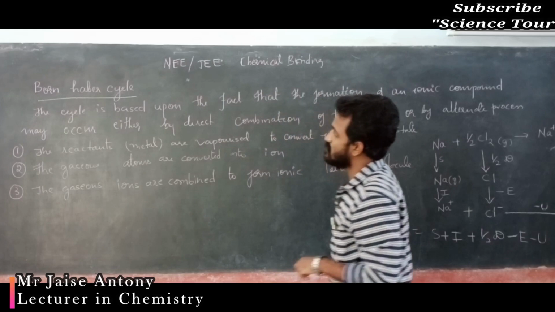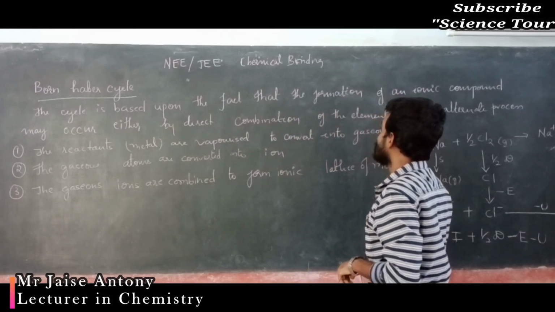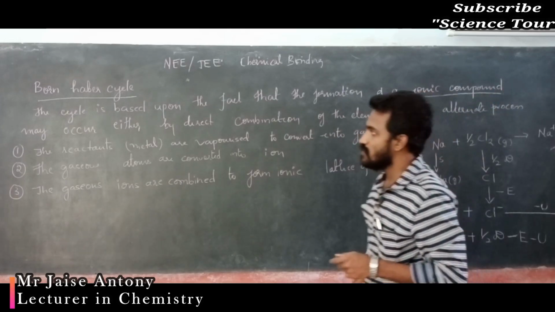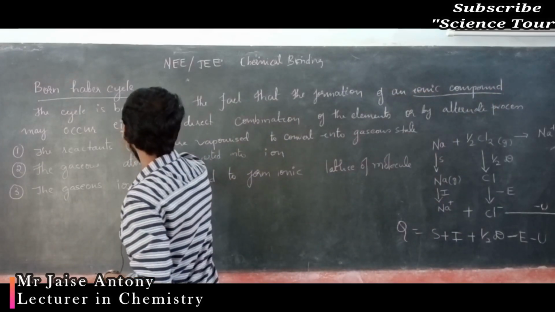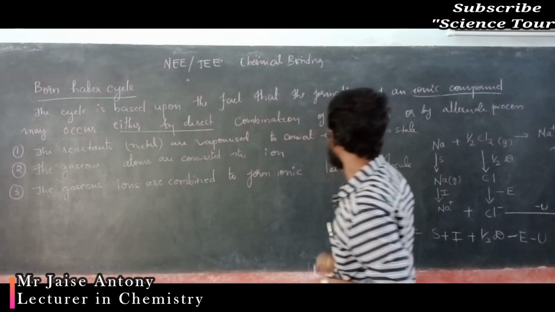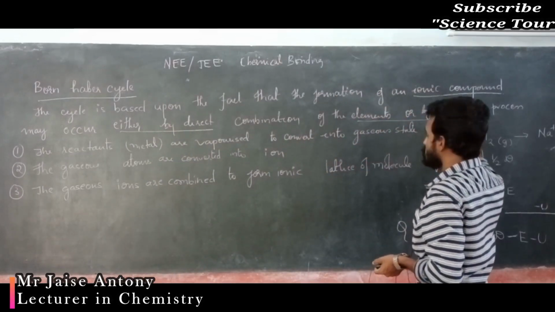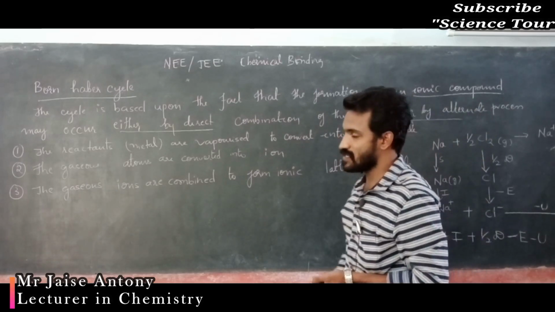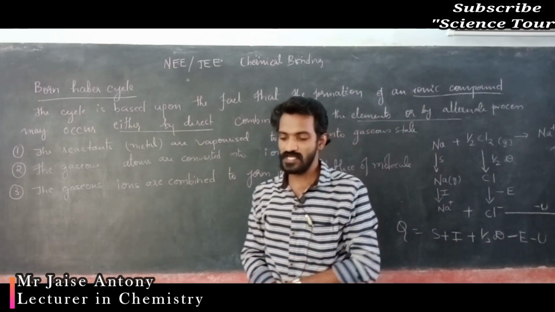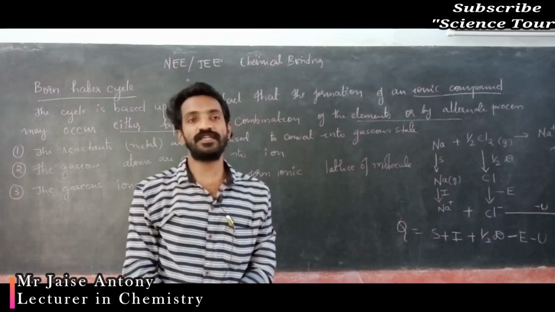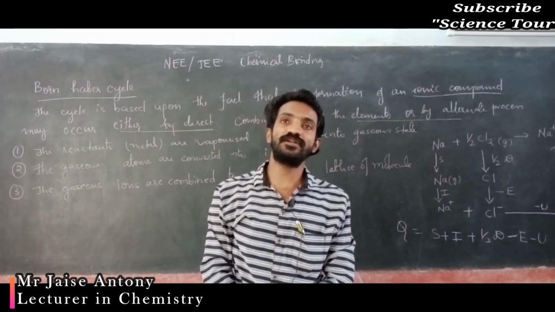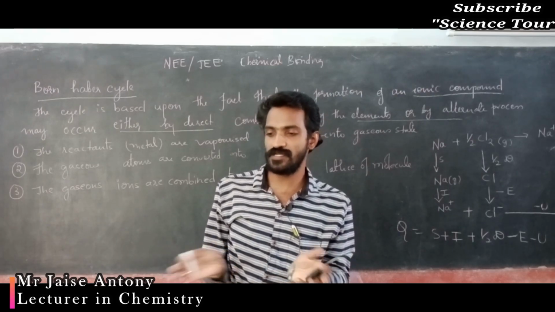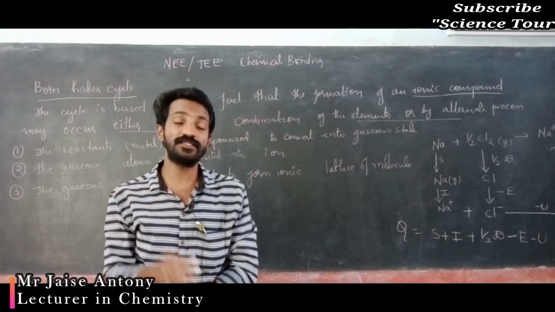The cycle is based upon the fact that the formation of an ionic compound may occur either by direct combination of the elements or by an alternate process. That means, my dear students, sometimes you get a compound by a direct process, for example H and Cl combine and you get HCl.